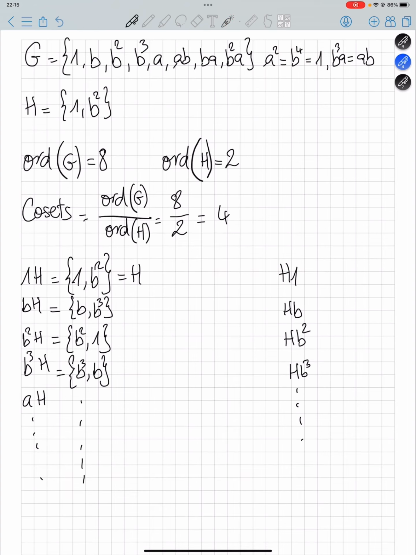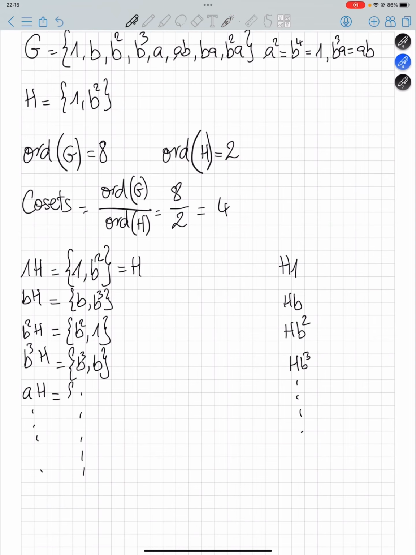So we have A. Now we have AH. So A composed with identity, then A composed with B square. So AH is A composed with identity is A, then A composed with B square is A B square. Normally it is A B square, but in this group we don't have A B square, so it must be something else, right?